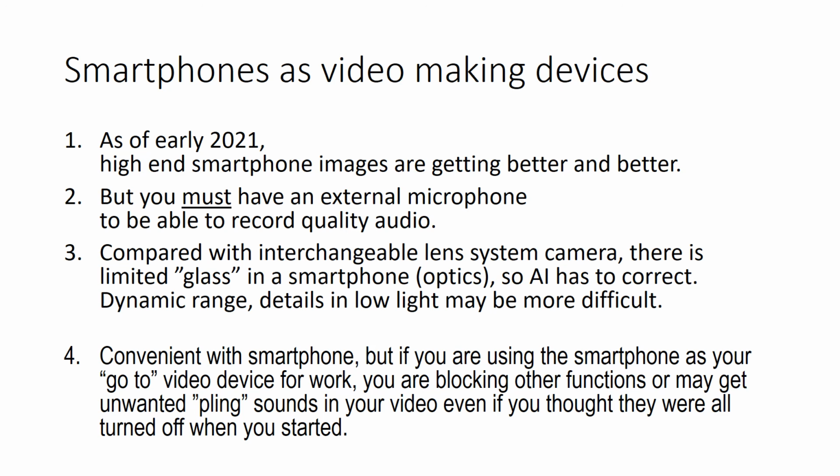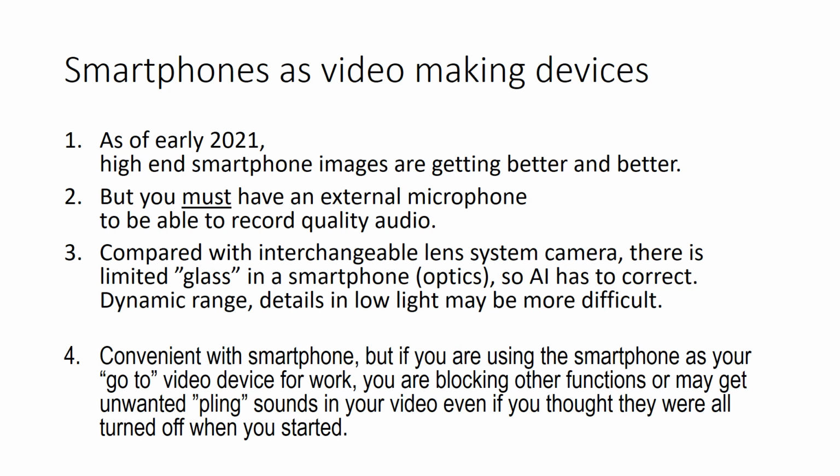The optics in a smartphone are actually not very good at all. And the only reason why the images are reasonably good is that we have all this electronics and programming that goes in and corrects and improves the images. Yes, high-end smartphone images are getting better and better, but it's not because of the optics.